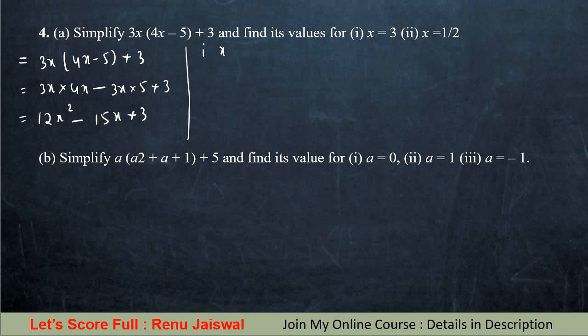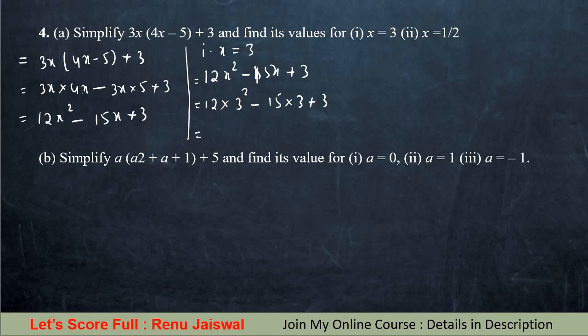So first question says x is equals to 3. Substitute this value. So 12x square, minus 15x, and then plus 3. What will happen? 12x I have here, so substitute 3. 3 square minus 15, x here means put 3 and then plus 3.